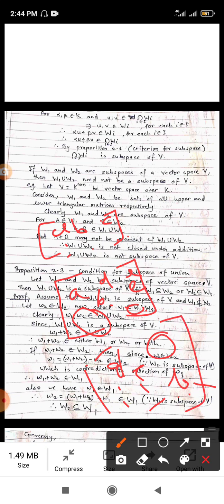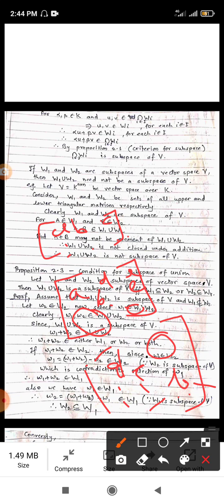So we have to check the union. What is the union of W1 and W2? The union of lower triangular matrices and upper triangular matrices: a matrix that is both upper triangular as well as lower triangular.